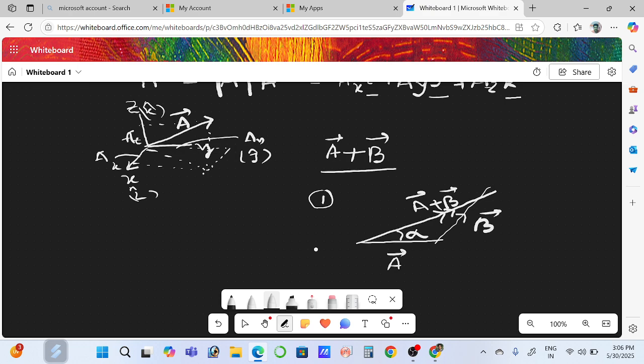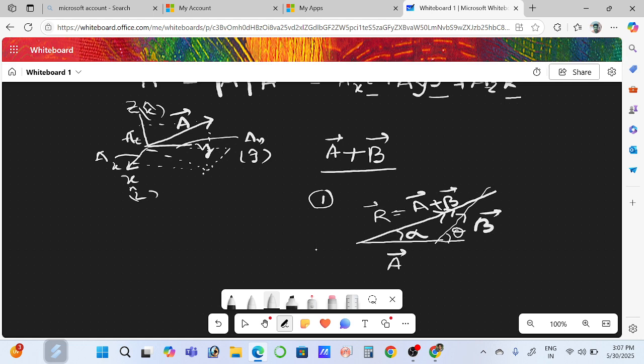So when two vectors are acting at an angle theta, the resultant of the two vectors acts along this, and this is represented by R. R is the resultant, and it will be A plus B.